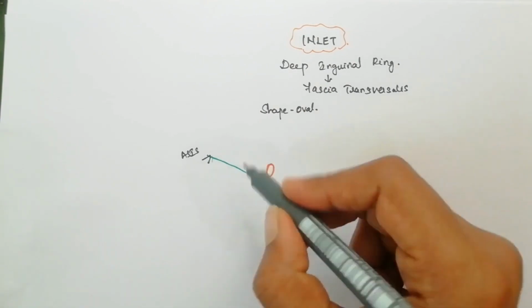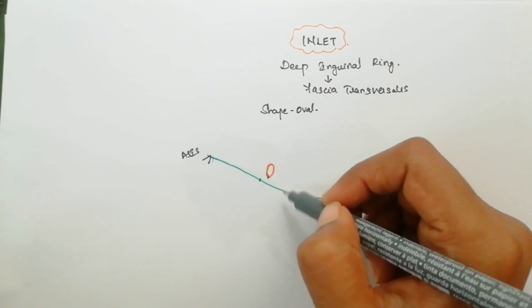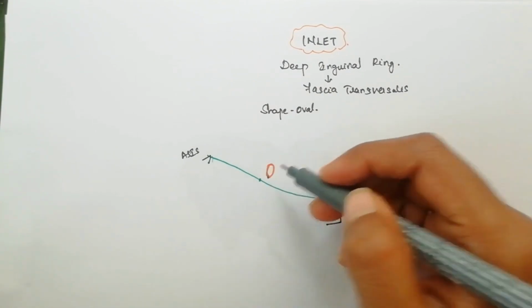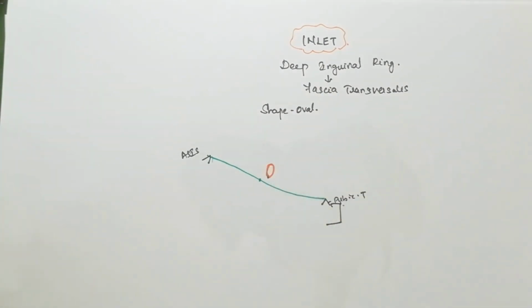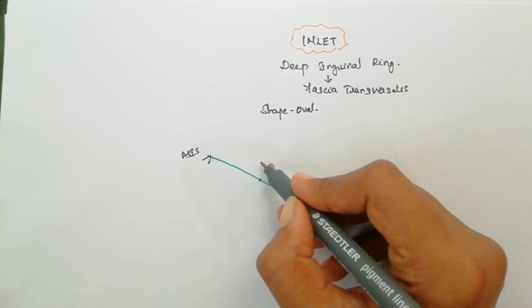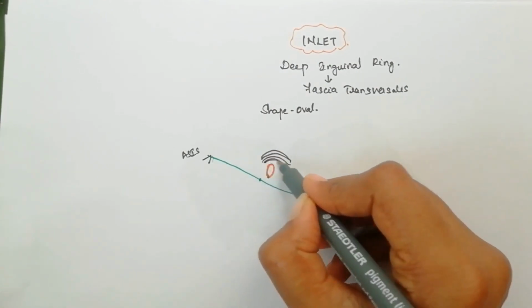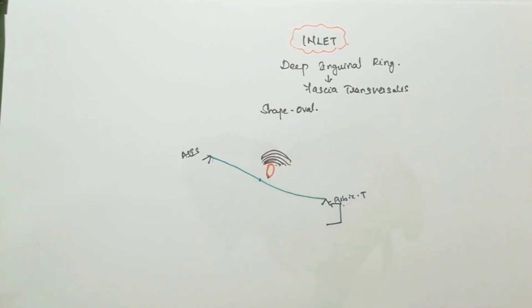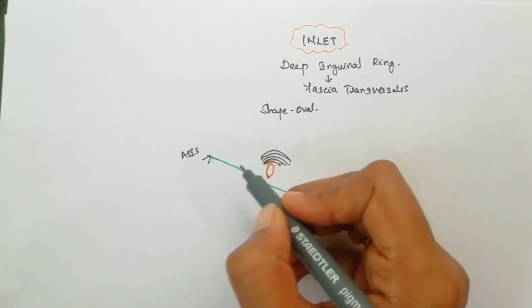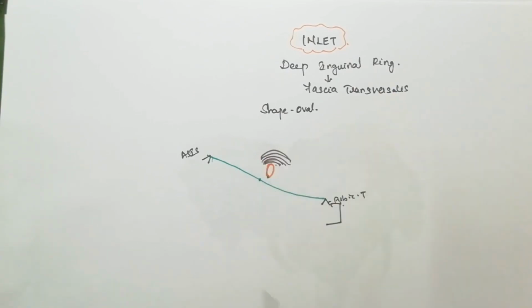So this deep inguinal ring is placed in the fascia transversalis, and it is bounded above, medially and laterally. Above it is bounded by the muscle fibers of transverse abdominis. We have seen transverse abdominis, it is coming from the lateral aspect, so those fibers bound the upper aspect of the deep inguinal ring. Then in the lateral aspect we have the internal oblique abdominis muscle.